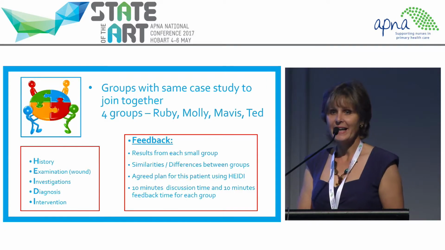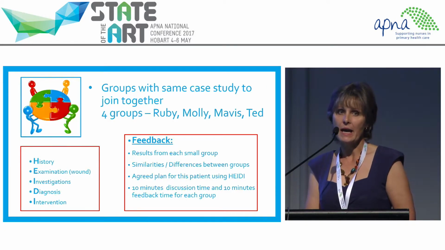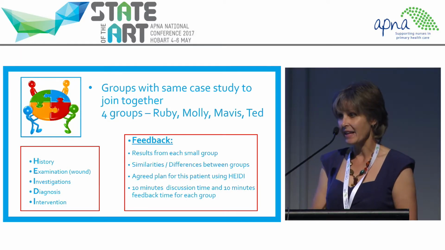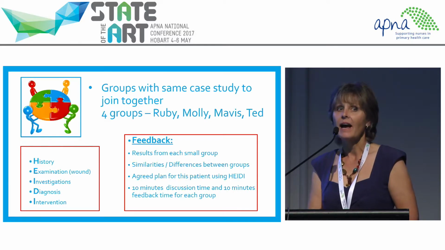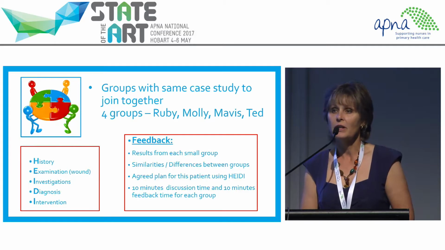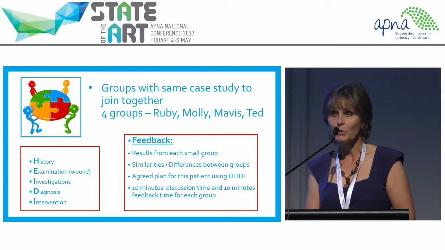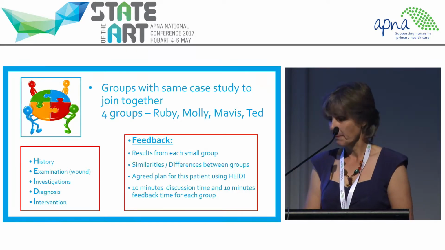What we might do now is, I want the groups with the same case studies to all join together, and you can compare your results, and then after you've compared, you can discuss with everybody else what you've done with your particular person.